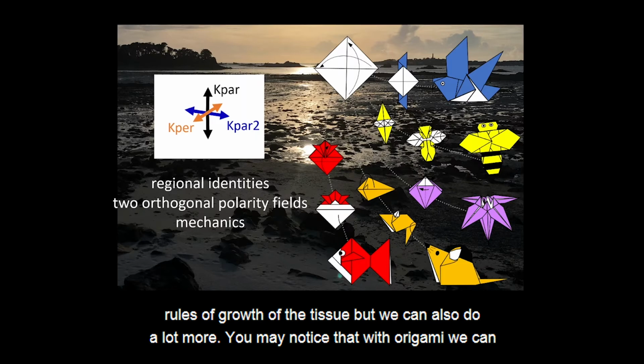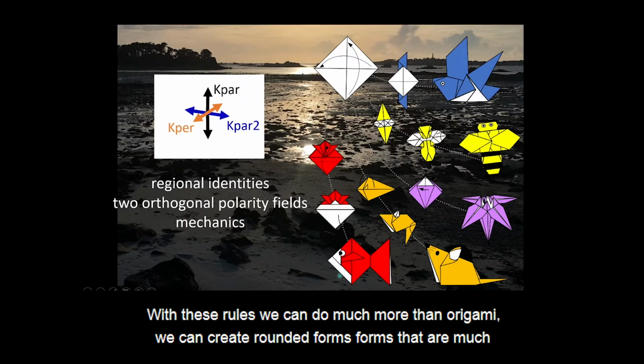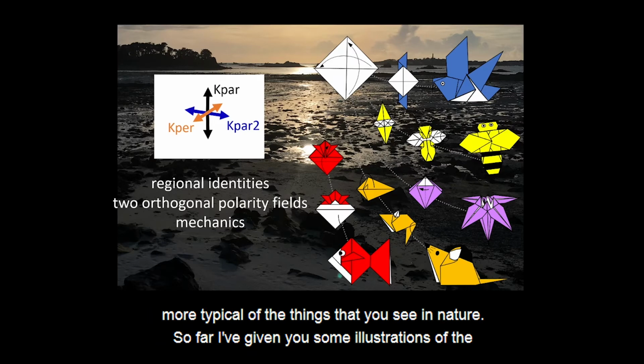But we can also do a lot more. You may notice that with origami, we can only create a rather limited set of angular flat shapes. It's rather limited in what it can do. But it turns out with these rules, we can do much more than origami. We can create rounded forms, forms that are much more typical of the things that you see in nature.